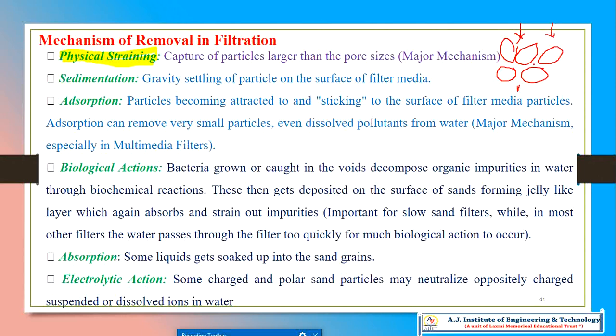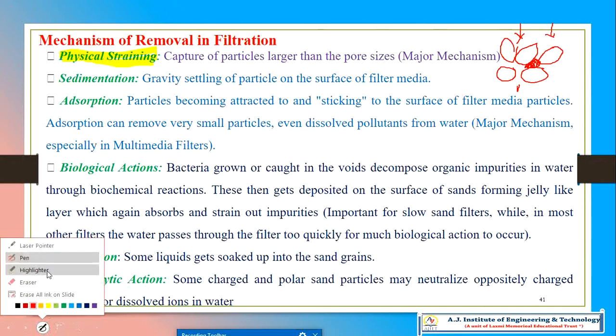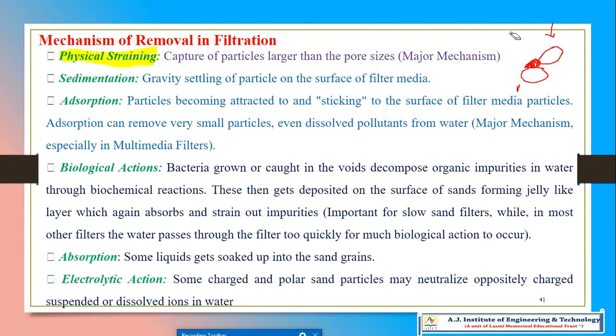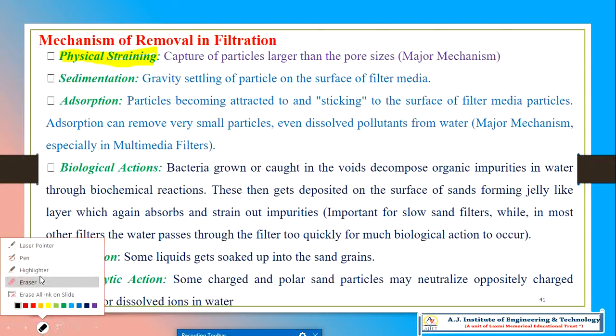If the particle size is larger than the pore size, the wide spaces of the sand, then it will be arrested here. If it is small, it will pass through. That's all. That is the mechanism called physical straining, a very simple example.